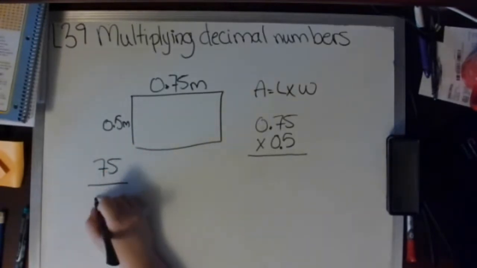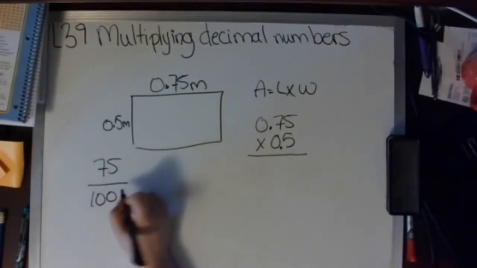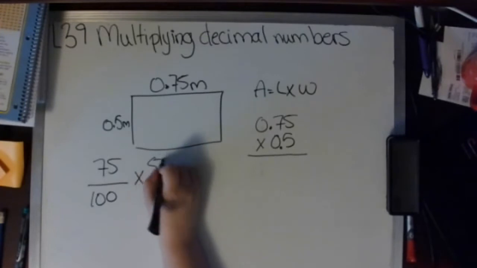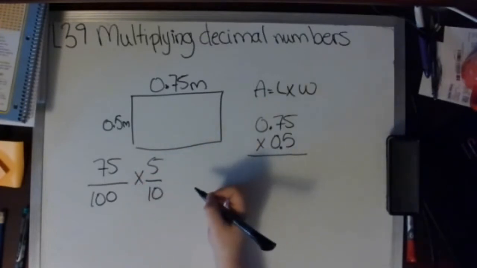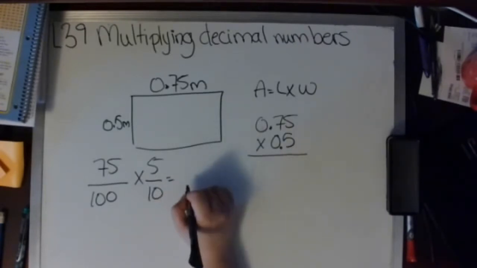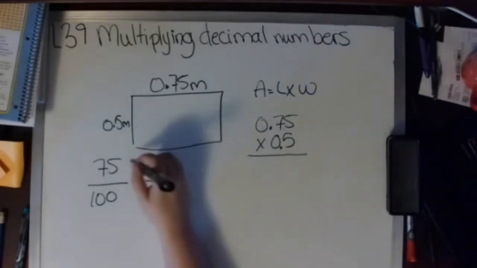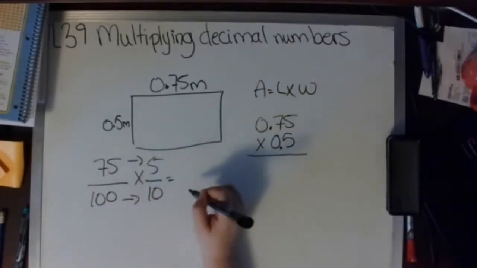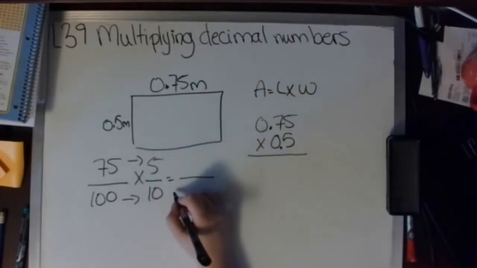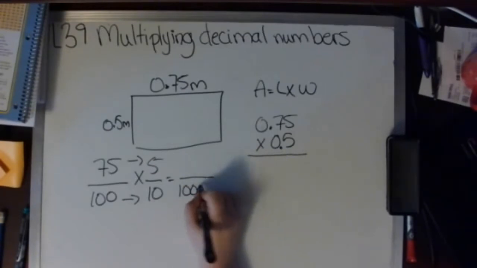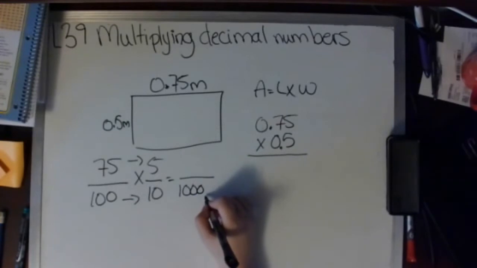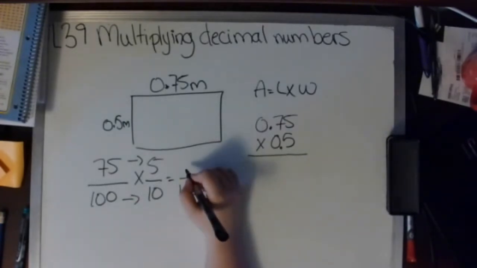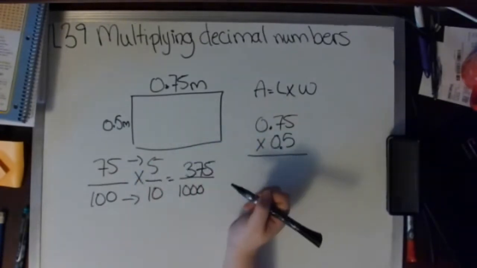So we have 75 hundredths times 5 tenths. Now, what this is going to end up equaling, remember when we're doing multiplication from fractions, we just multiply straight across. Which means we have 1,000, and at the top we have 375 because 75 times 5 is 375.